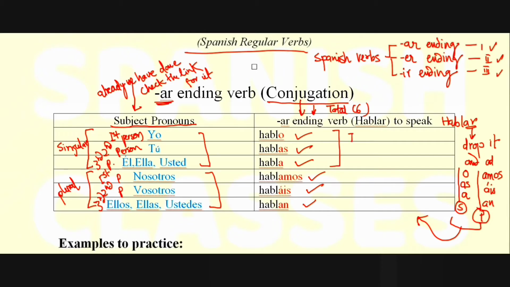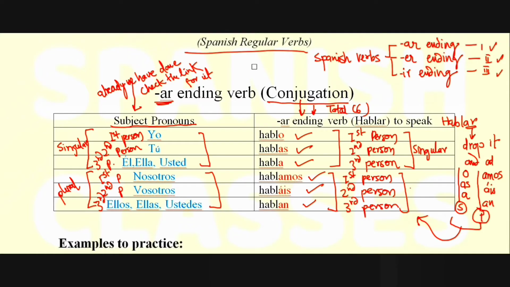These are singular, 3 first person, second person, and third person, and these are singular ones, and these are first person, second person, and third person plural conjugations.